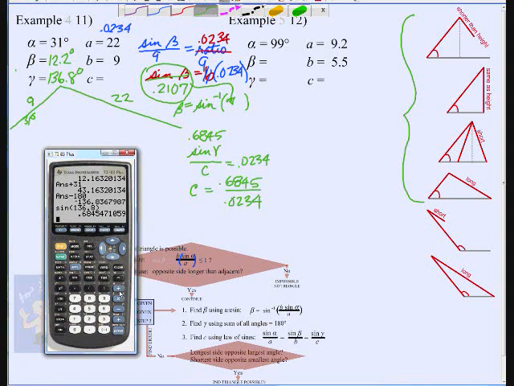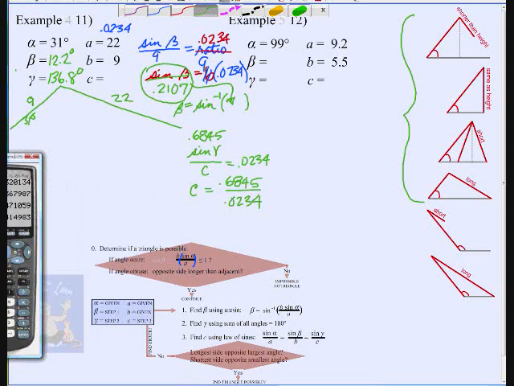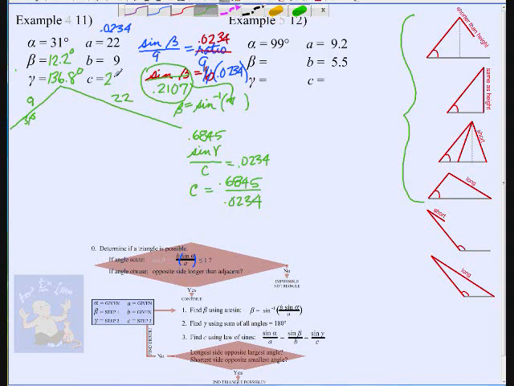So I'm going to divide this by 0.0234. 29.3 is the length of C.